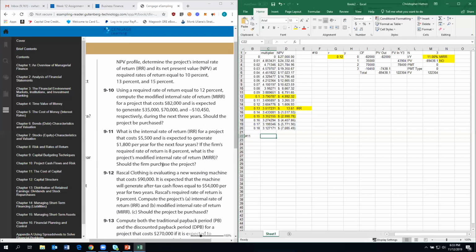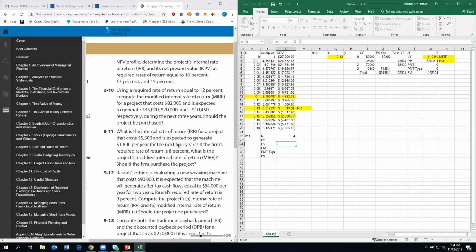So here we want to use our regular build so we can use this to get a few pieces that we need. So first off, we're saying find the internal rate of return for a project based on these parameters. So we have 4 years. We're looking for internal rate of return.